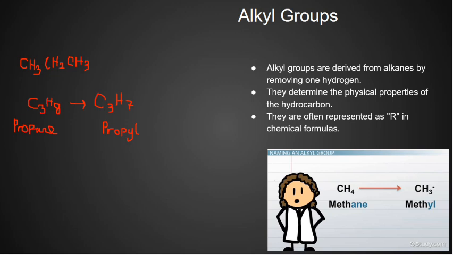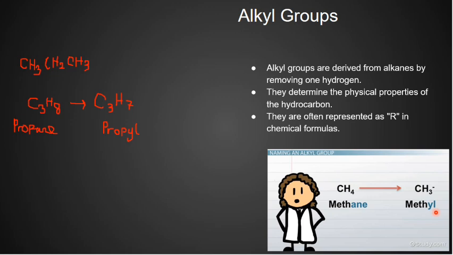Okay, now talking about the alkyl group, like I said, they are gotten from the parent alkanes. Take a look at this image we have here. You can see this methane is from alkane, and it loses one hydrogen atom, so it becomes CH3. So this CH3 is an alkyl group, and you can no longer call it methane, but you call it methyl.